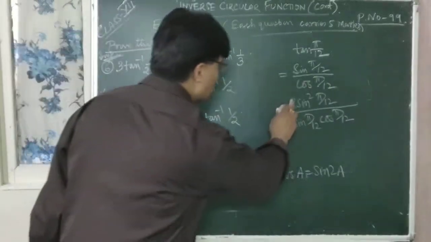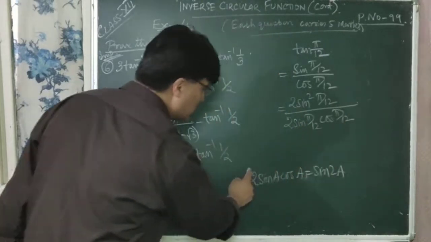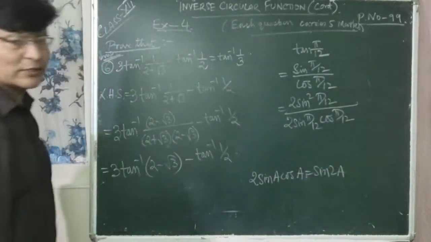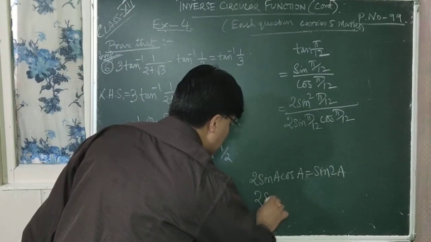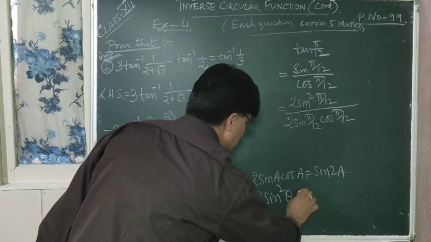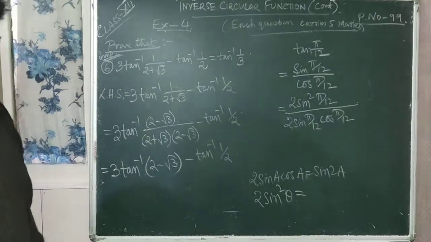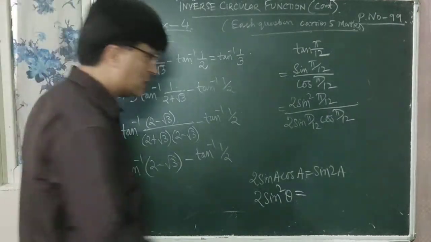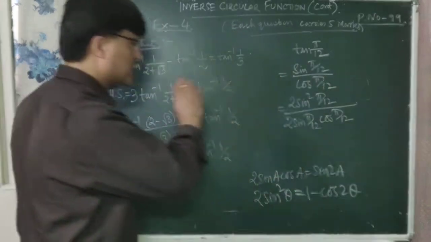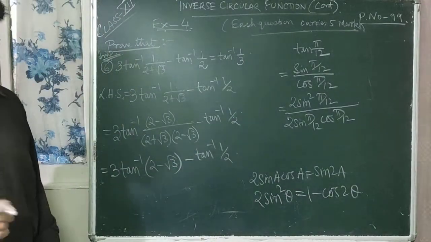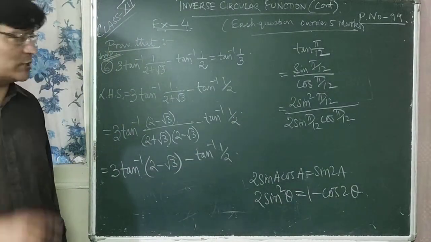Okay, so in the denominator you can use this formula 2 sin a cos a, which is equal to sin 2a. But in the numerator, which formula is used? 2 sin square theta, right? So what is the formula for 2 sin square theta? It is 1 minus cos 2 theta. This is the formula from multiple angles in trigonometry.